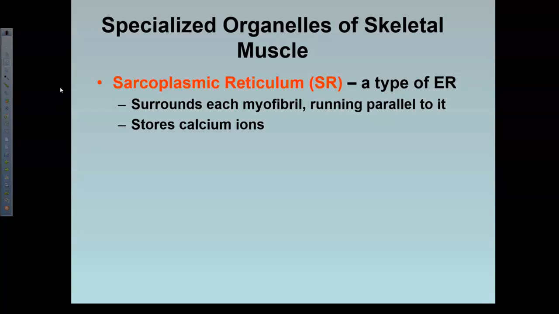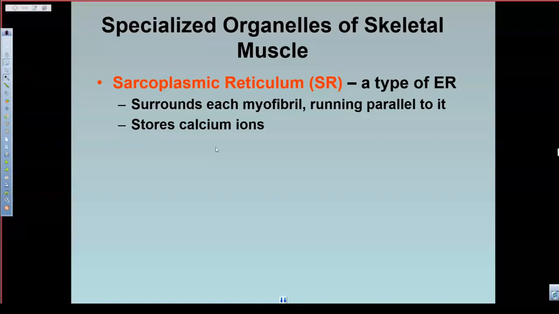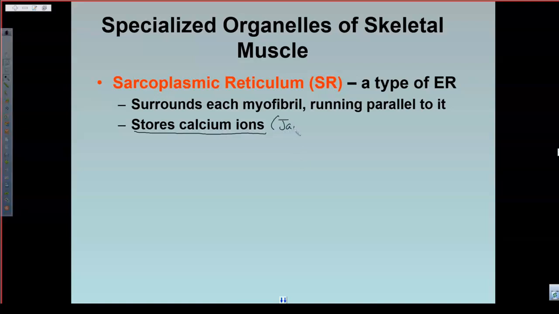And the big thing I would like you to know about the sarcoplasmic reticulum is that it stores calcium ions. That's going to be huge. I want you to think of this as like a jail for calcium. I use the analogy of jail because you'll understand when we do what's going to happen.